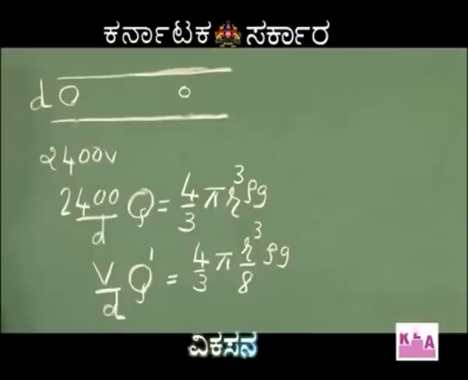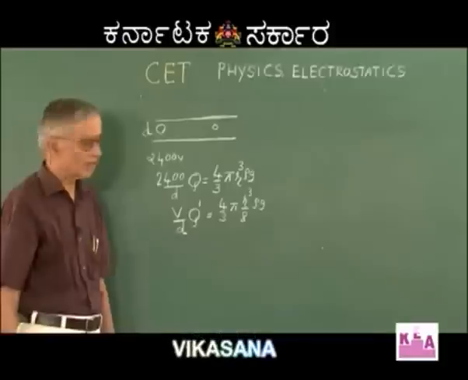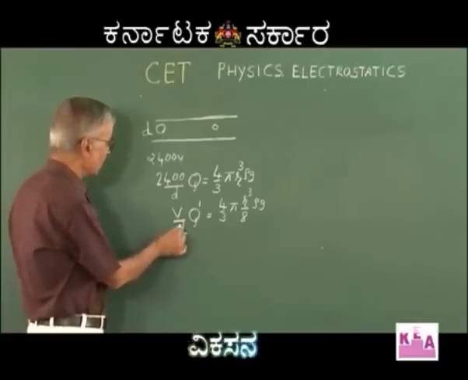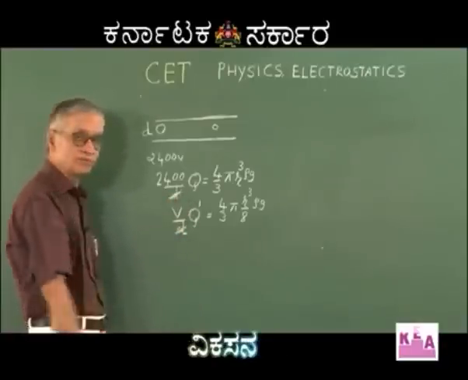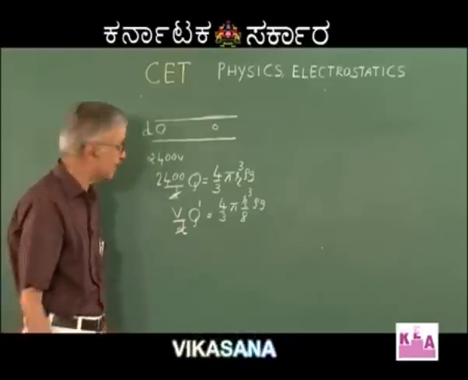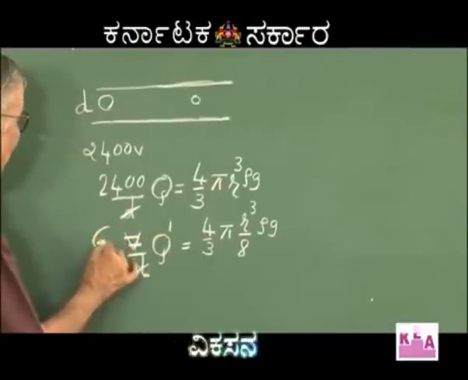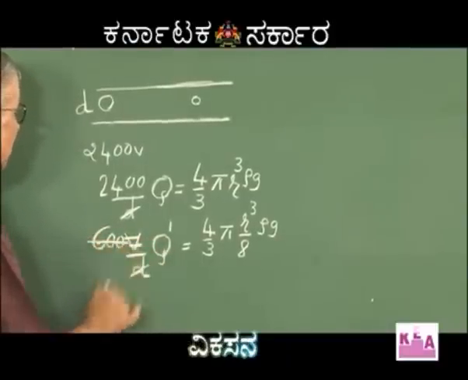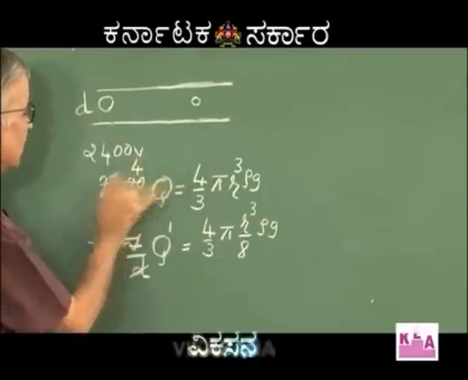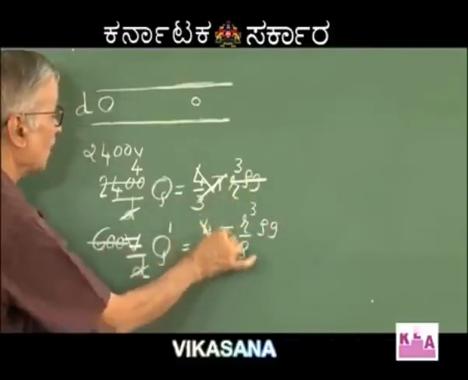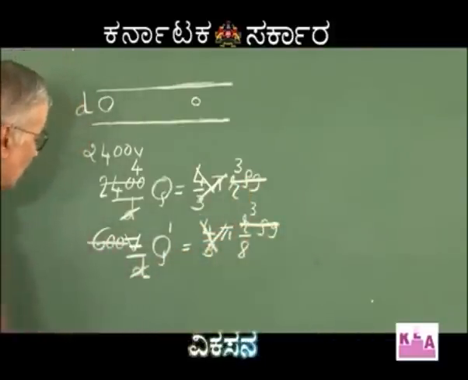Therefore, in the first case, balance equation is given here, and in the second case, the balance equation is given here. If you divide one by the other, you can now look at it that d and d will cancel. But in the second case, he has given that potential is 600. Therefore, phi can be replaced by 600. 2400 into q, this is going to be 600 into q dash. 4 upon 3 pi r cube rho g will cancel.